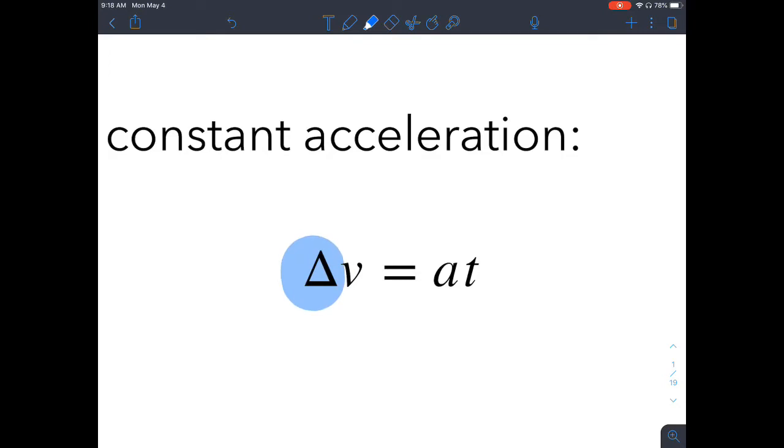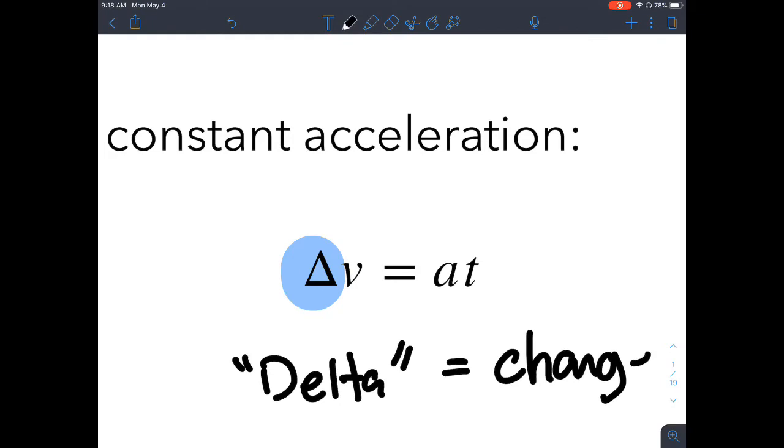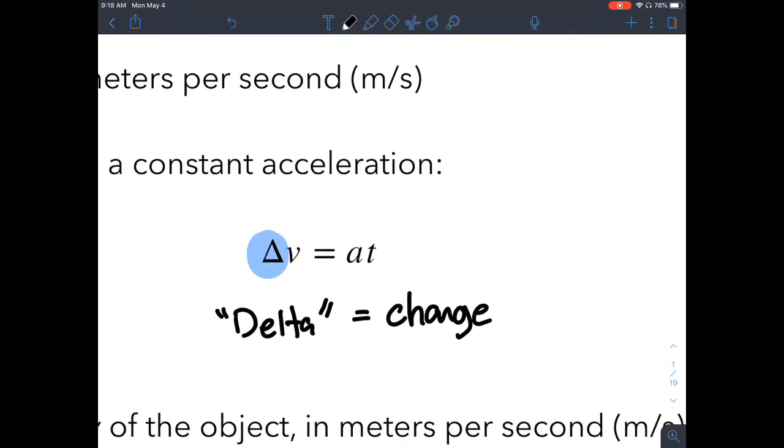This triangle thing is called a delta. It's a Greek letter delta, and what that means in the physics world is it's change. So if we're looking at the change in velocity, delta V, that is your final velocity minus your initial velocity, okay?